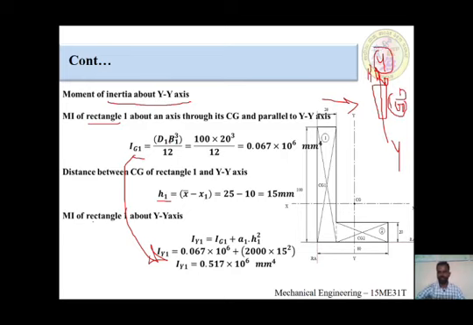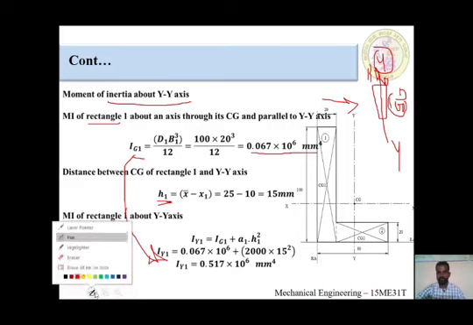D1 B1 cube divided by 12. First we see 100, after that we see 20 millimeter. 100 into 20 cube divided by 12. The value we got is 0.067 into 10 raised to 6 millimeter raised to 4. After finding this, we have to calculate H, the distance between the CG of rectangular 1 and the y-axis. This is your vertical axis.